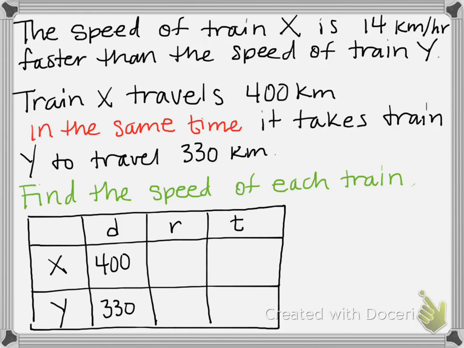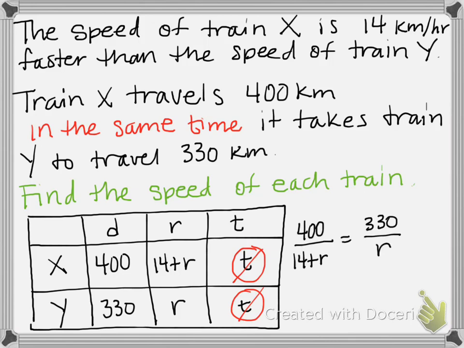For our rates, we have the relationship that train Y has rate R, and train X has 14 plus R. The times were the same, and we're not going to use the time because we're going to be using that ratio of distance to rate to write the equation. So we have this proportion that we can solve.